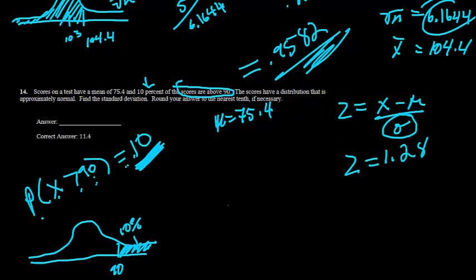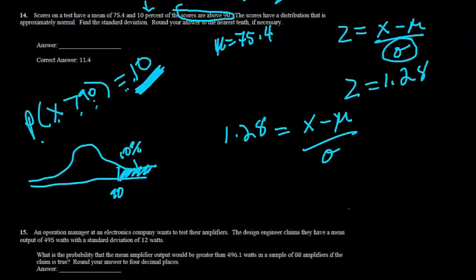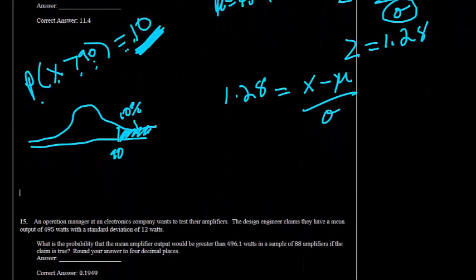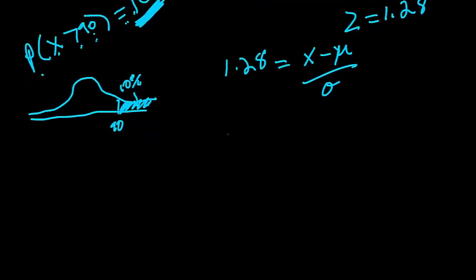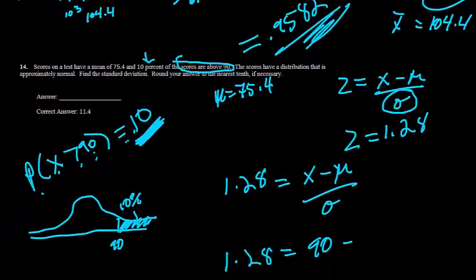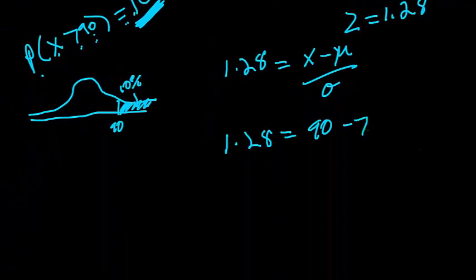So I'm going to take the 1.28 and equate it to x minus mu over sigma. Let's replace some of this stuff. Again, give ourselves more space. 1.28 is equal to x, where x is 90. That's the score. And the average is 75.4, divided by sigma.